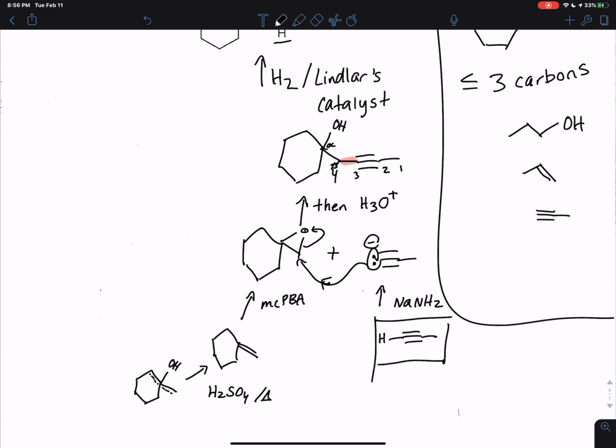So if it were to go outside the ring, what would be the substitution of that alkene? It would be di-substituted, right? Okay, if it went to the left side, what would the substitution be? I'm going to highlight it for you guys. 1, 2, 3. So tri-substituted, right? Which one is more stable, tri or di? Tri, right? So are we going to end up making the product that we're given? No, that's the problem. So that's why I would not put the alcohol there.